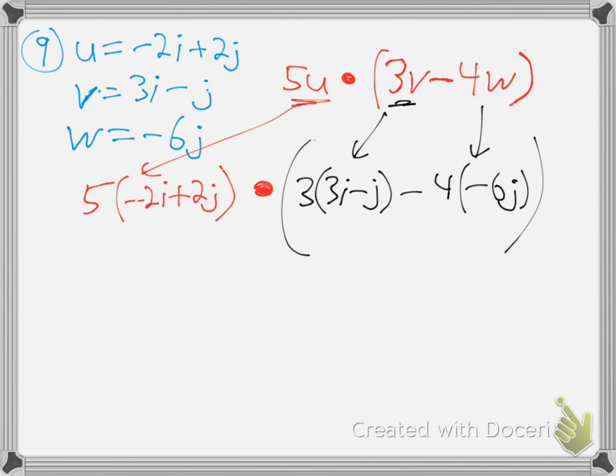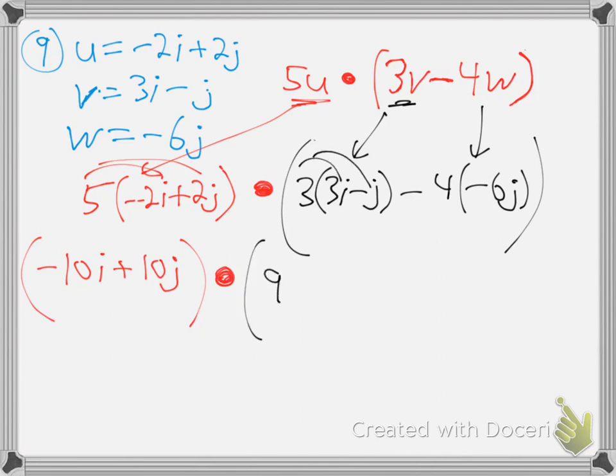Give you a second. Okay, so distribute. This will be minus 10i plus 10j, that vector, dotted with, and then the other side, distribute. 9i minus 3j, then the minus 4 plus 24j. And then we can simplify that one, how these two will combine.